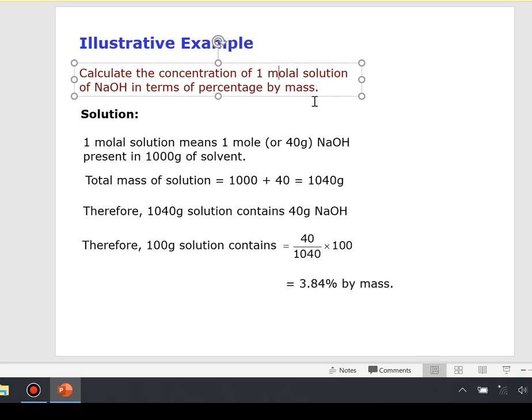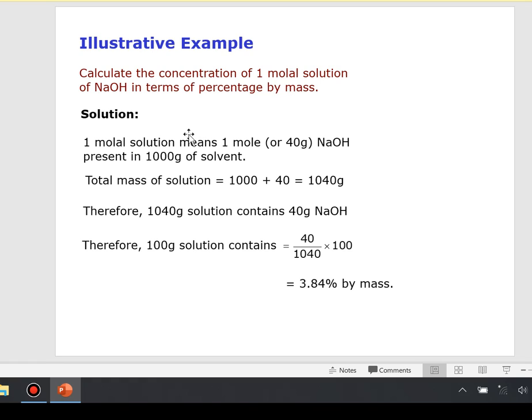So the solute, it means 40 gram. So the total mass of the solution will become 1000 plus 40. Molal means number of gram moles of solute present per kg of the solvent.